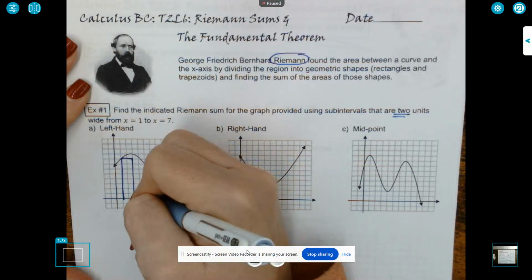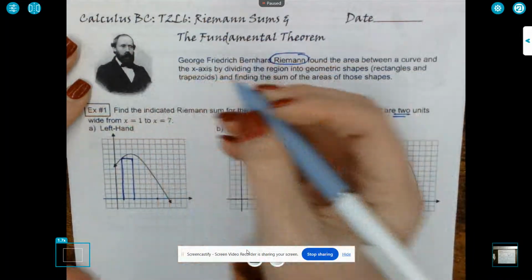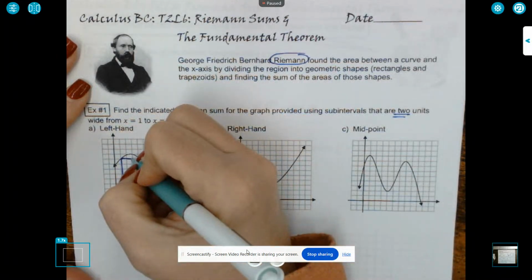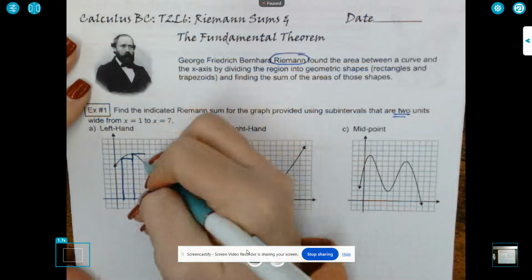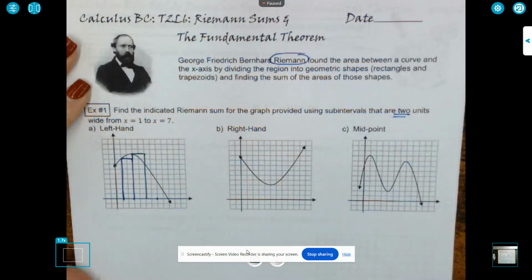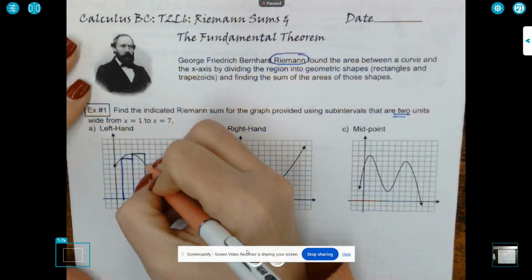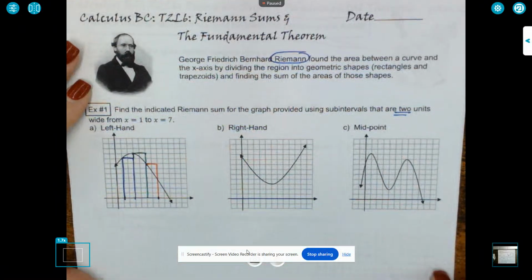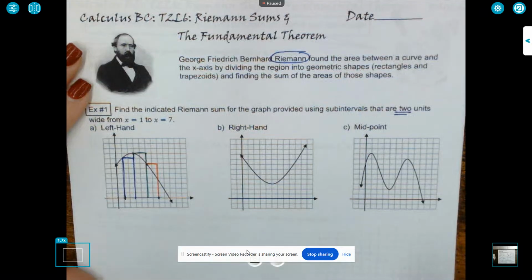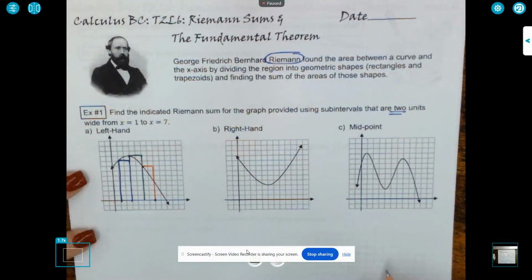Then I'm going to do another one: left point, over 2 units, drop that down. And then a third one, left point, over 2 units, and drop that down. So there are our 3 rectangles that would be made to estimate this sum.